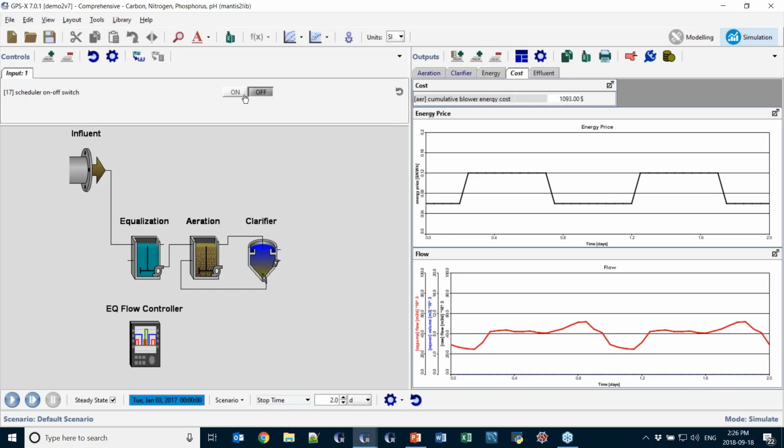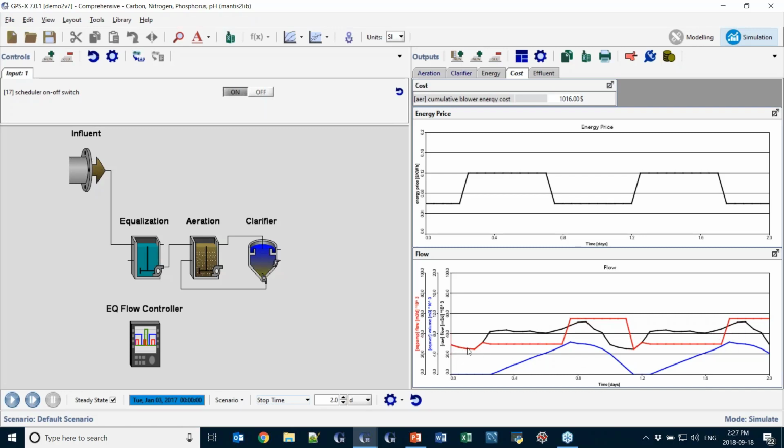Okay, so now I'm going to turn on the scheduler. So what will happen is we'll now see that some of that flow is going to be diverted. So I'll explain this set of lines down here. The black line represents the influent flow to the plant, as we would have seen before.